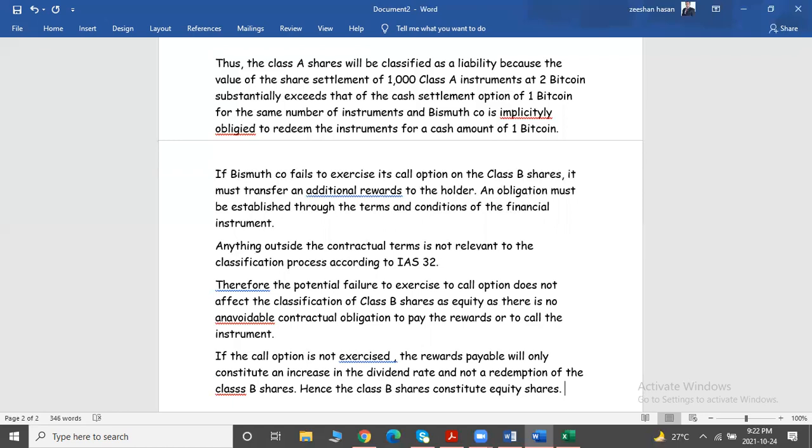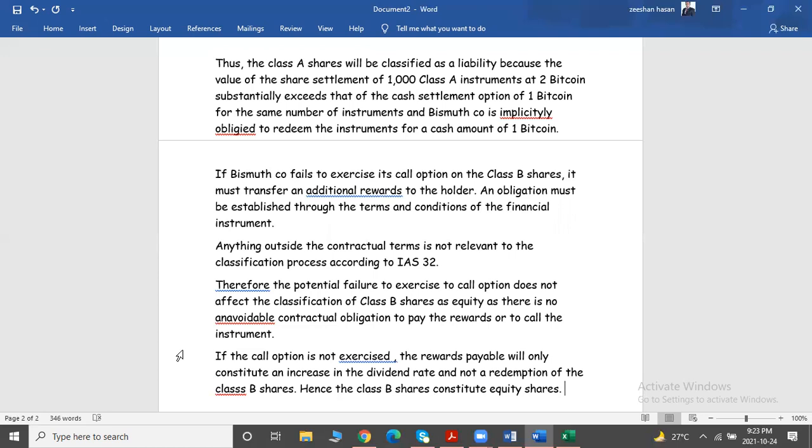That's it. As you can see, in the end we just discussed the last part about the failure of calling the call option. If Bismuth company fails to exercise the call option on the class B shares, it must transfer additional reward to the holder because there is an obligation. Obligation must be established through the terms and conditions of the financial instruments, and anything outside the contractual terms is not relevant as per IAS 32.